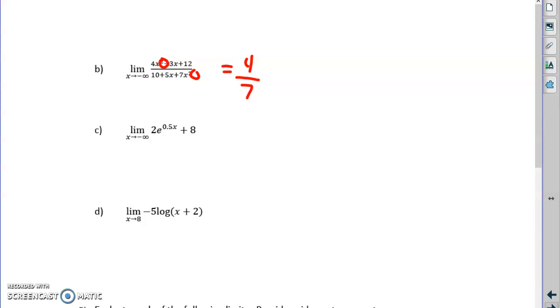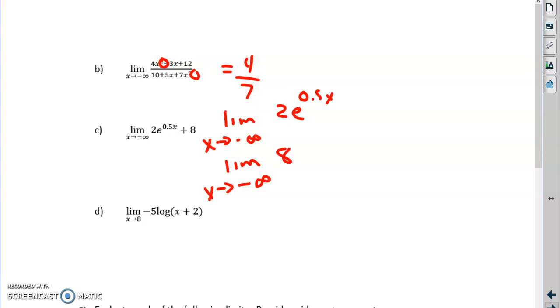A little tricky here. We did some limit properties. If I broke these apart, the limit as x approaches negative infinity of the first expression, e to the 0.5x, and the limit as x approaches infinity of 8. Remember, the limit of a constant is just a constant. It stays 8. So the question becomes, what is that limit?